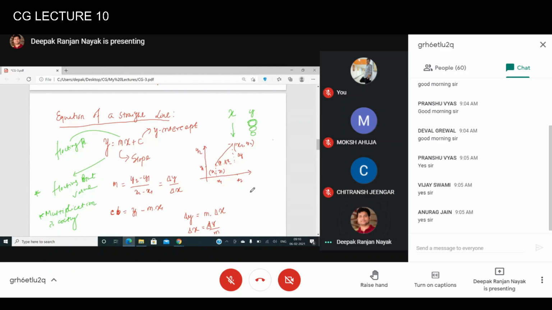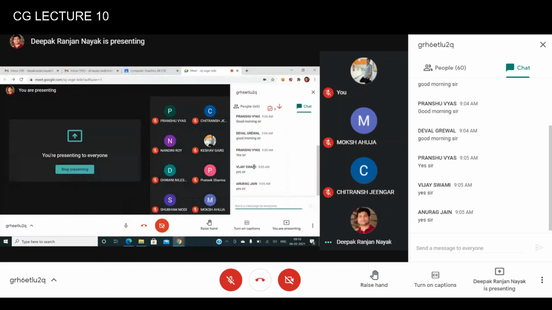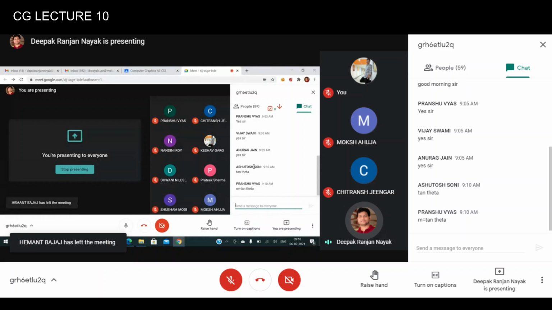Let's say this angle is theta here. Is there any relationship between slope and any angle? I hope you all know that. m is equal to tan theta, right?